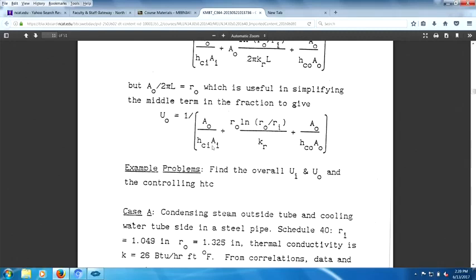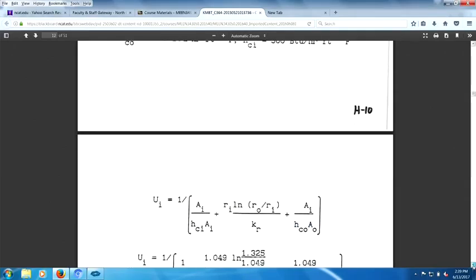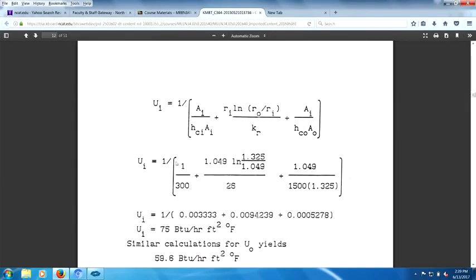The reason why you want to identify which ones control is because you might find out that making changes in the other two won't matter to you. So I ran through a few calculations, and I have set up a problem, 1 over 300, and then I got this mess over here. So I wind up with three numbers here: 0.0333, 0.009, 0.05.